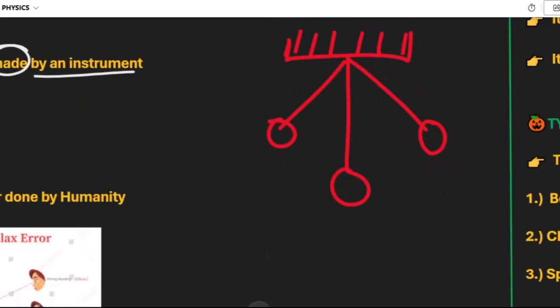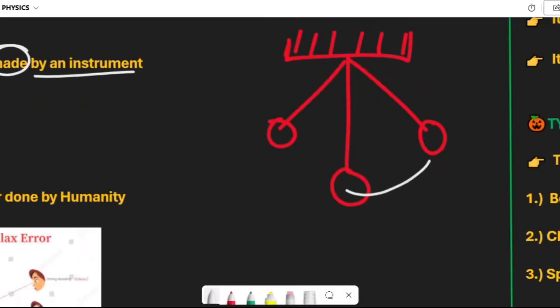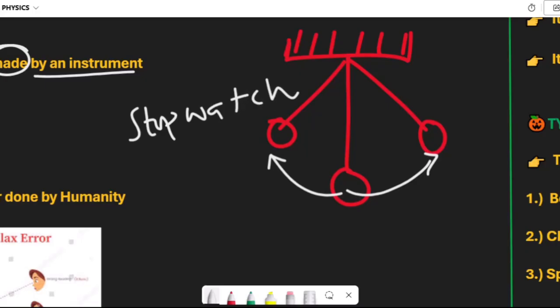and the ball is oscillated to move to and fro with a reading of a stopwatch to calculate the amount of time needed to complete a specific number of oscillations. For instance, let's assume they want to calculate the time taken for 10 oscillations.